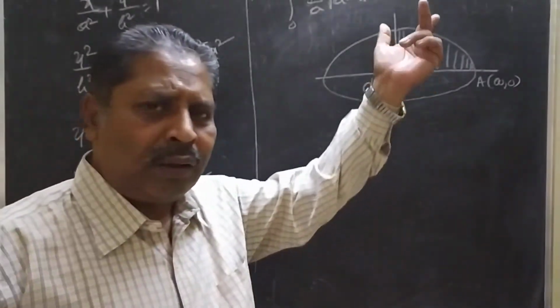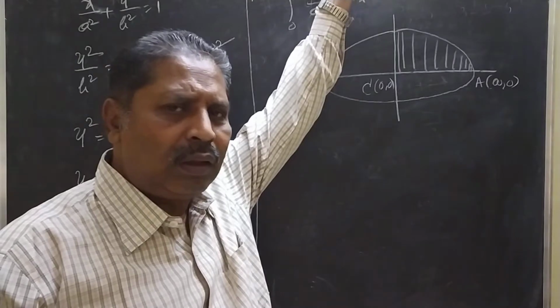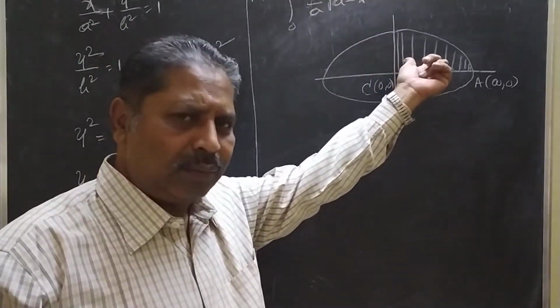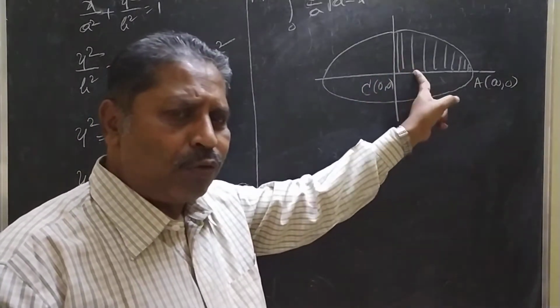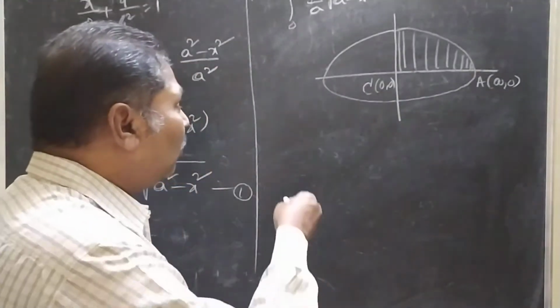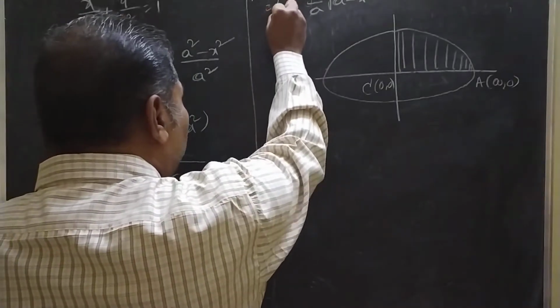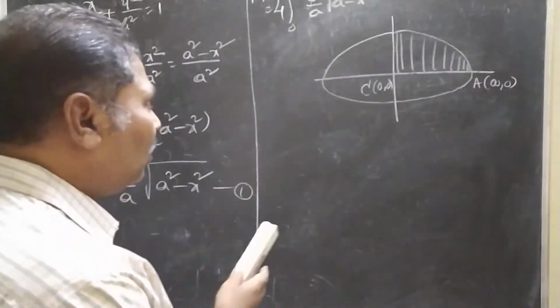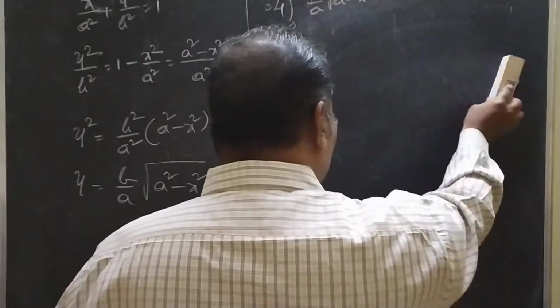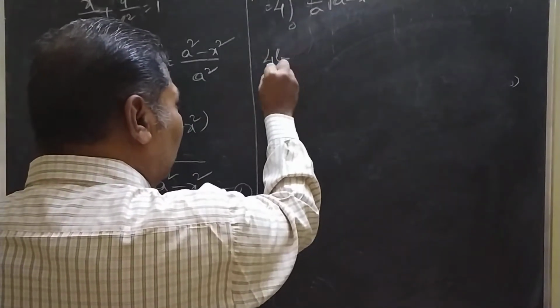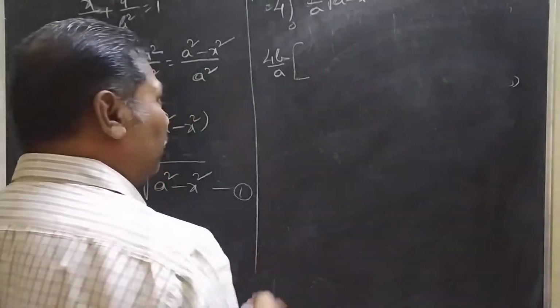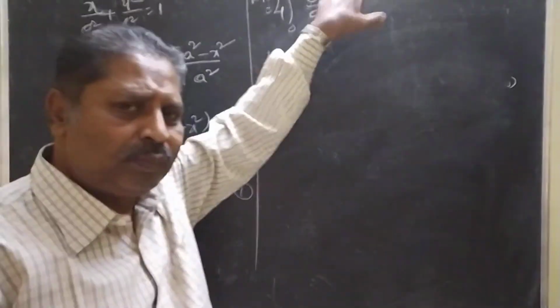For this one, we get this area only. There are 1, 2, 3, 4 equal parts. So write 4 into. Next, take b by a common.